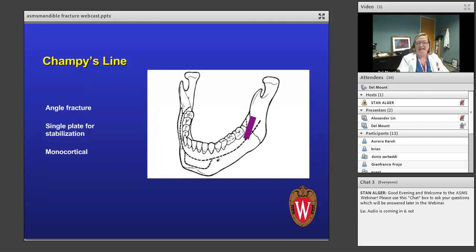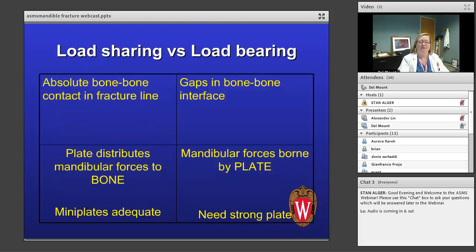But anyway, the Champy technique is a very nice technique, but can only be utilized in very select fractures of the mandibular angle. Now, let's go back to load bearing, load sharing. When you can get absolute bone-to-bone contact in the fracture line and get the alignment just like you want it to be, then you can even use a mini plate, because all you're doing is assuring that those forces are controlled.